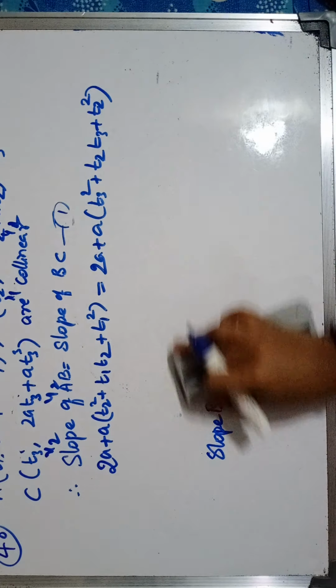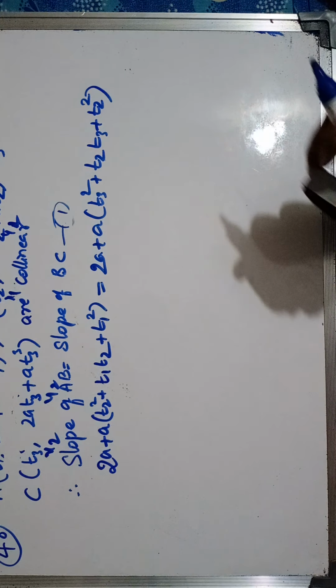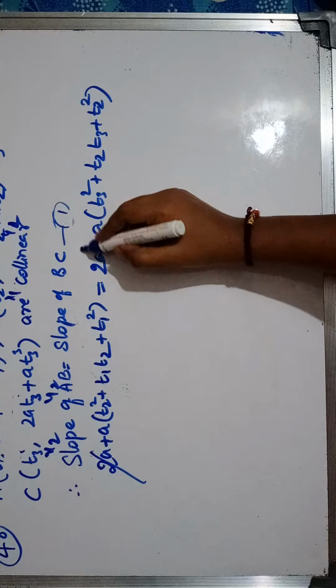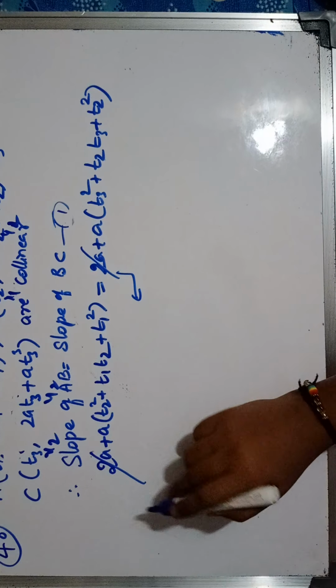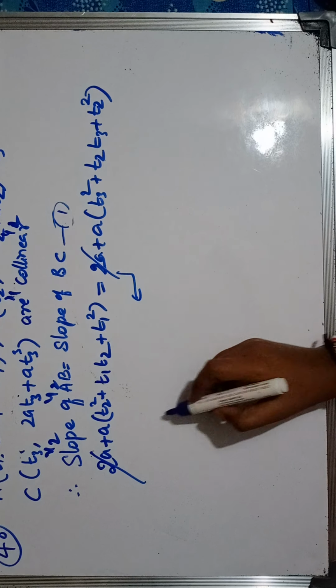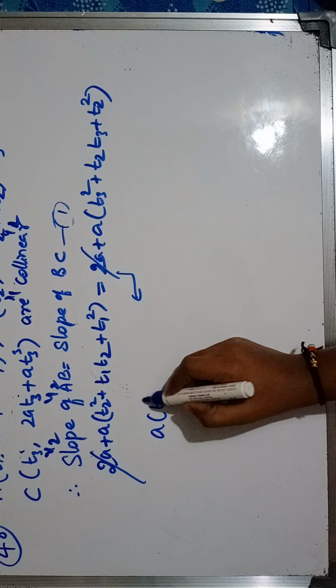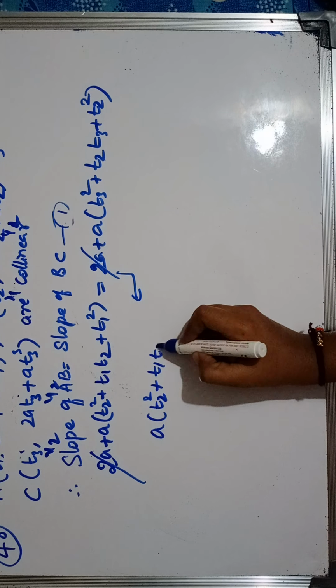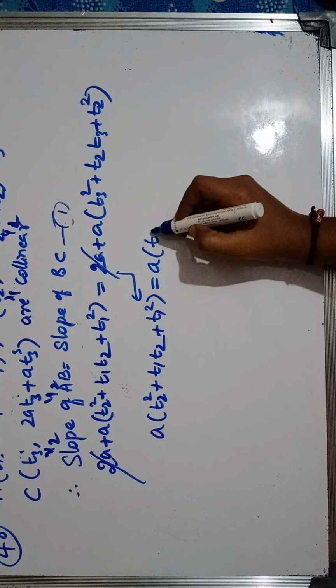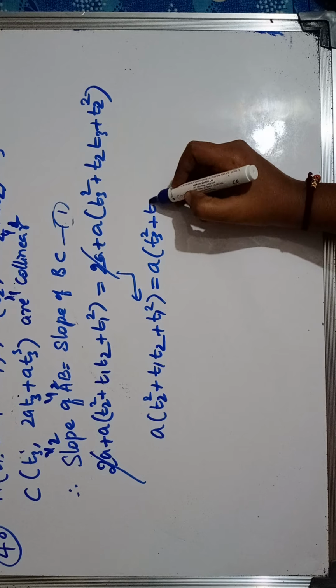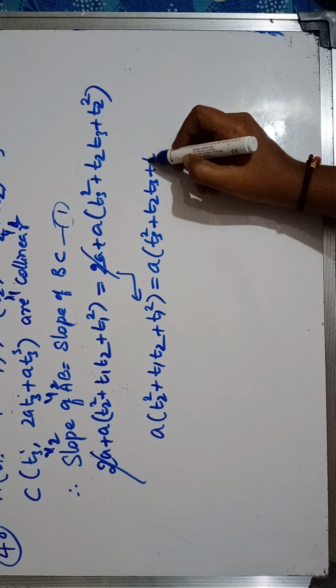So 2a gets cancelled because if this goes to that side, that becomes minus 2a. 2a minus 2a becomes 0. So now we are left with a into t2 square plus t1 t2 plus t1 square is equal to a into t3 square plus t2 t3 plus t2 square.